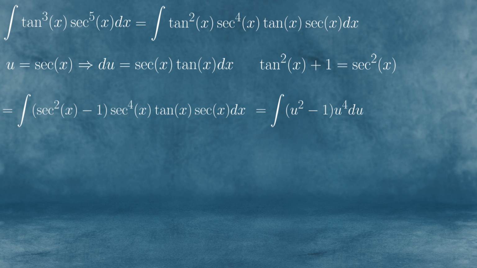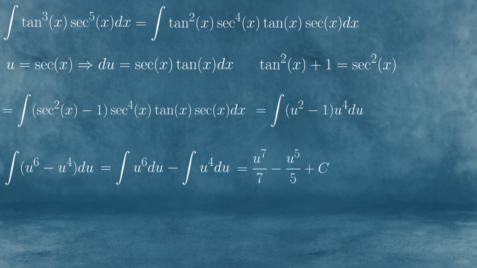By applying the distributive property, we get the integral of u to the 6 minus u to the 4 du, which is equal to u to the 7 divided by 7 minus u to the 5 divided by 5 plus c. And for getting the proper result, we need to return the change in variables.